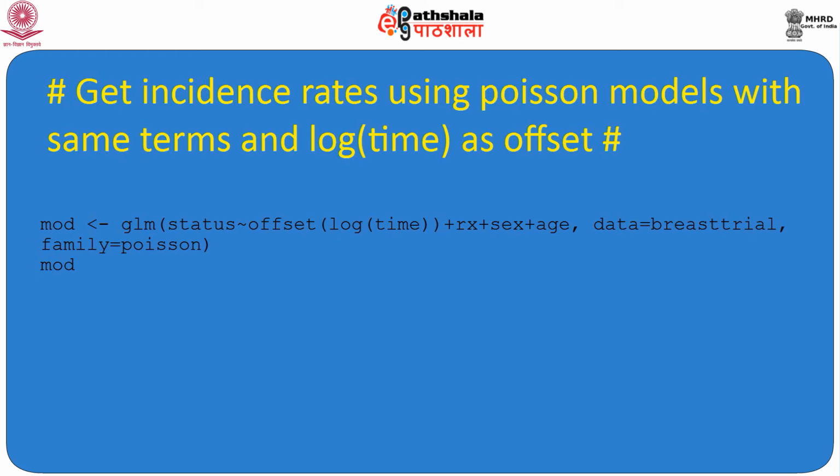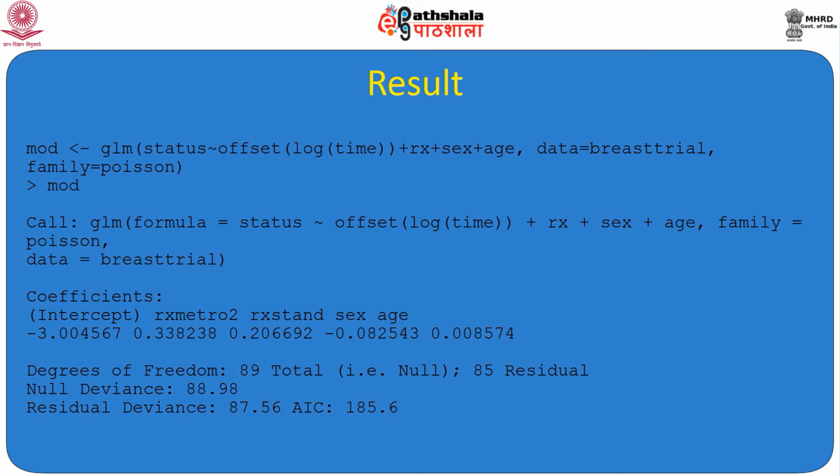If we assign and call these results as mod, we are getting the coefficients for intercept, Rx metro, Rx metro 2 and sex. For the intercept we are getting a regression coefficient of minus 3.00.